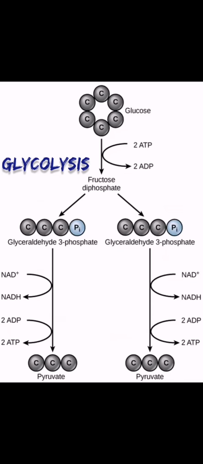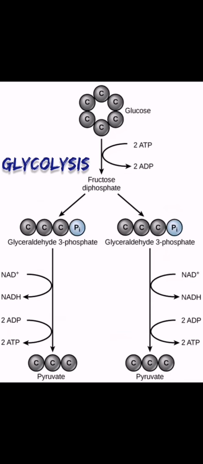So we have glucose forming glucose phosphate, which then forms fructose phosphate, which is an isomer of glucose phosphate, and then that fructose phosphate becomes fructose diphosphate, which breaks down to 2 molecules of triose phosphate, or labeled in the diagram as glyceraldehyde 3-phosphate.